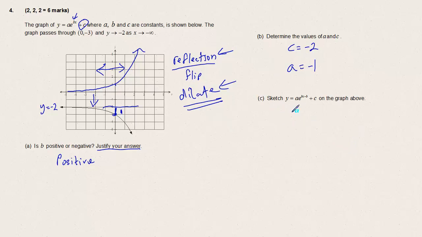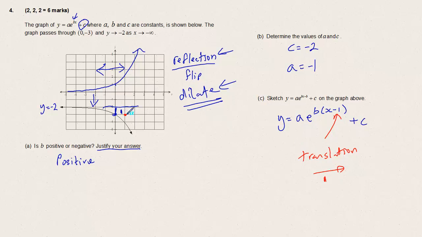We now want to sketch this one on the graph above. Now, we rewrite it in here, we can factorize there. And this -1 in here is a translation of 1 unit to the right.